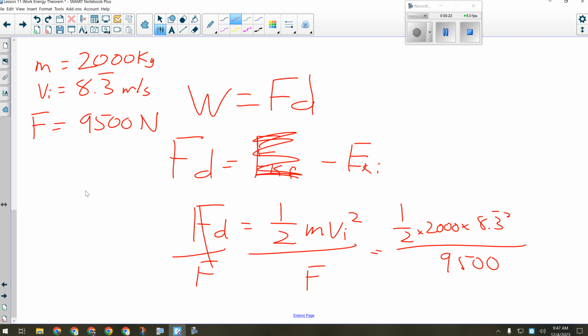If I double my speed, I'm going to travel not twice as far, but 4 times as far, because I will have 4 times as much energy that I have to get rid of.